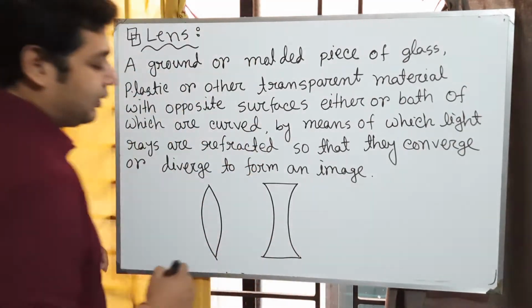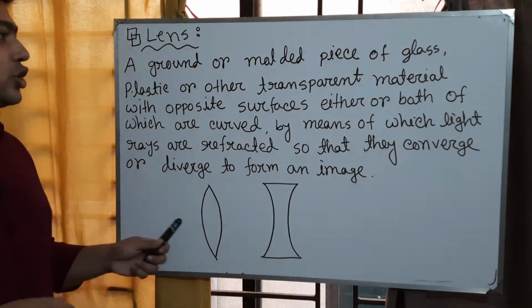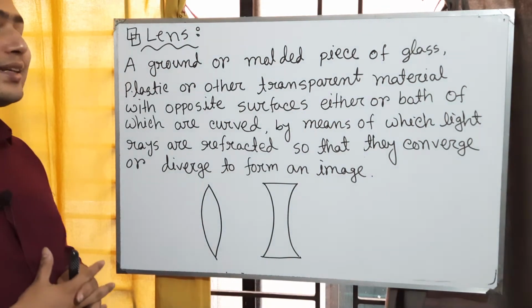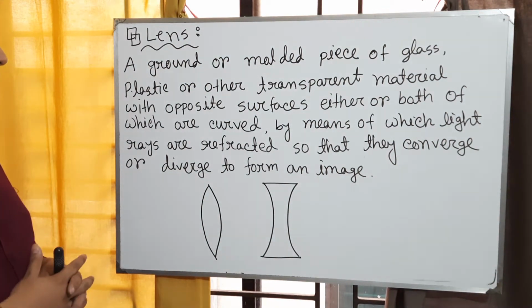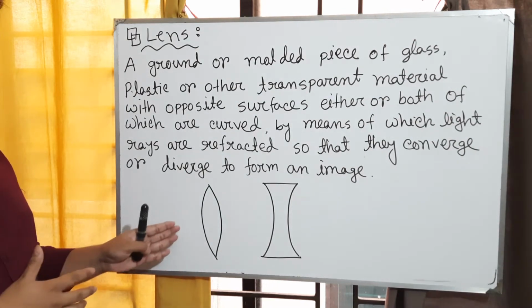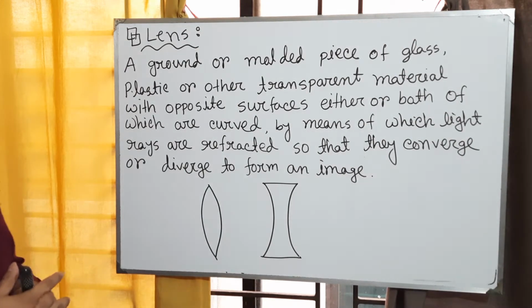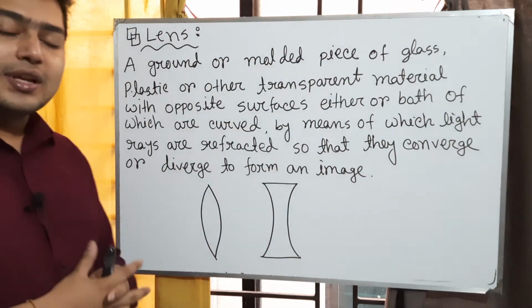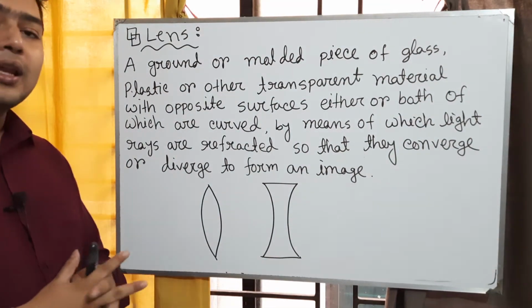Okay, two molded pieces of glass, plastic, or other transparent material. Mainly we use glass here to form a lens.